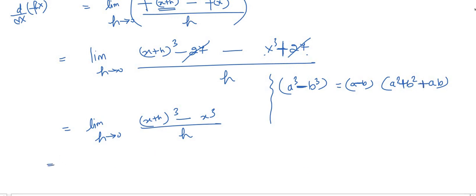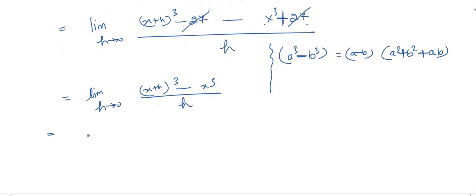So I'm planning to use it here. Let me write down limit h tending to 0, a cube minus b cube. What will I get? (x plus h minus x), correct? a minus b into a square, which is (x plus h) square, plus b square, plus a into b.